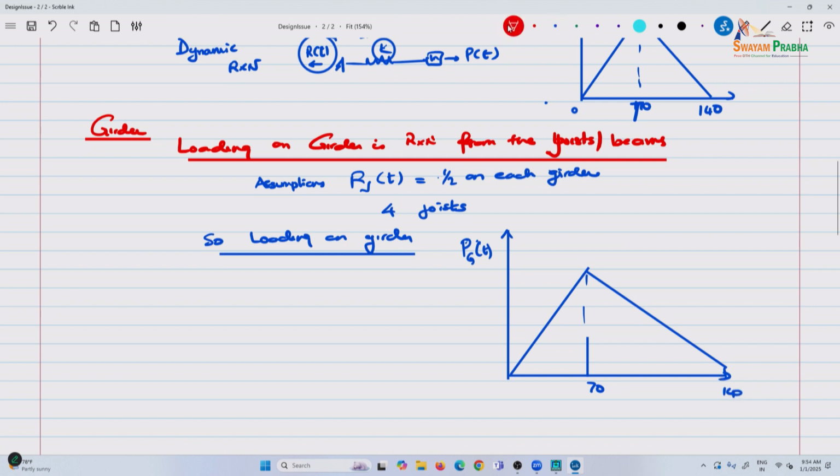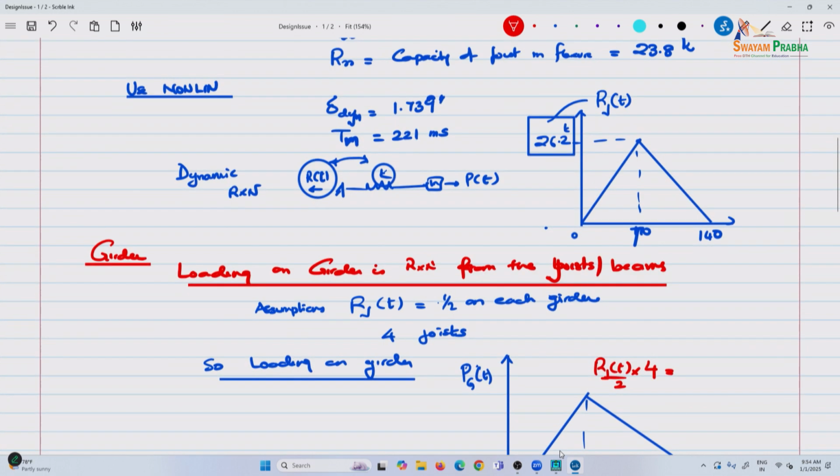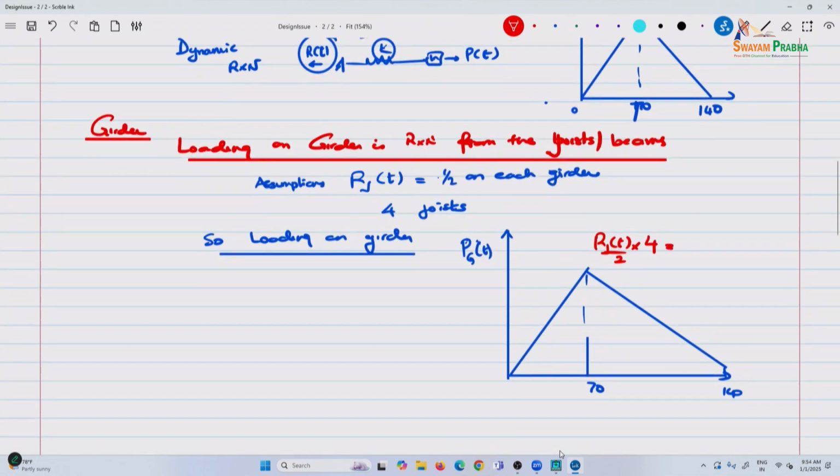So the value here is Rj of t divided by 2 multiplied by 4. So we have this as 26.2 multiplied by 2 eventually. So this is 53.4 kips, right? You agree with me so far? If you have an alternate approach, let me know.